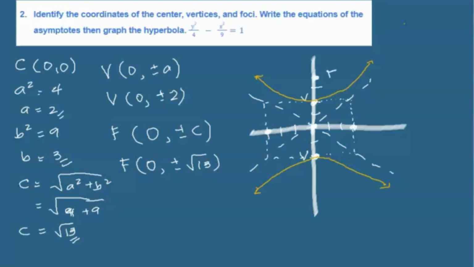Somewhere here is the first one, and somewhere here is the second. So that's our foci. Now for the equation of our asymptotes, for the vertical hyperbola, that is y equals plus or minus a over b x. Since we know the values of a and b, let's just substitute that. So y is equal to plus or minus 2/3 x.